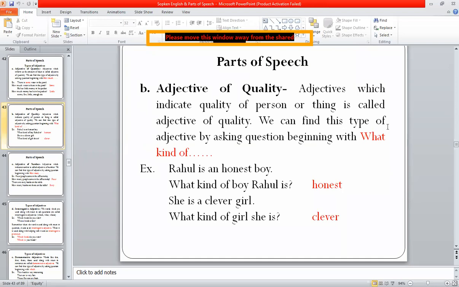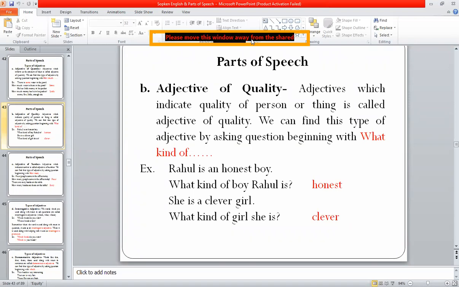We can find this type of adjective by asking a question beginning with what kind of. If we take the example, see the next example. Rahul is an honest boy.